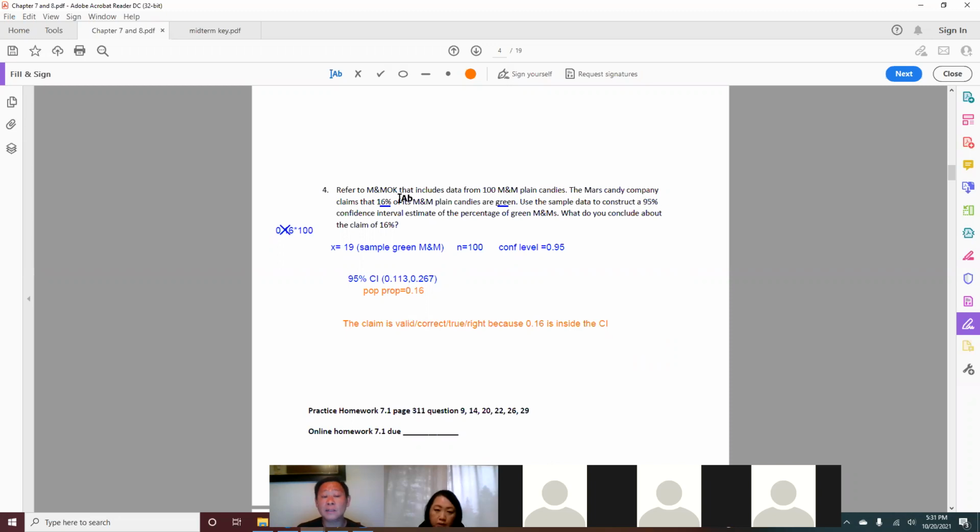You can find this from the Mars company: search for Mars company and figure out how many green or blue or yellow M&Ms they produce in a whole week, and they will tell you what percent came out. You can then go to the store, buy M&Ms, count them, and see if it really matches this 16%. If you look carefully, 19% is green from the sample, but we don't look at 19% because there is some margin of error. So this is how we answer this question.